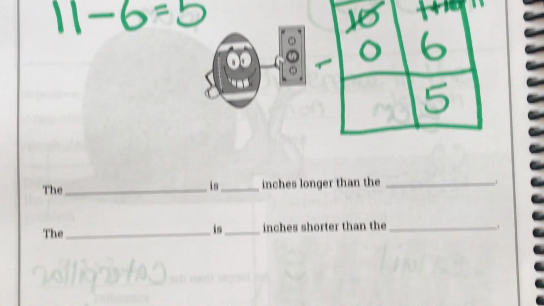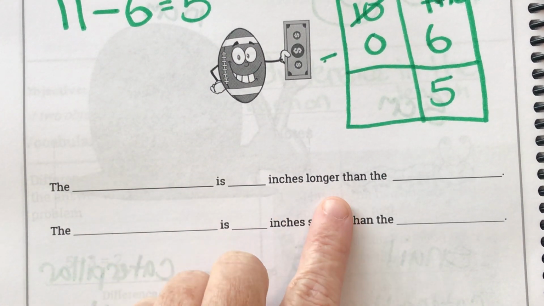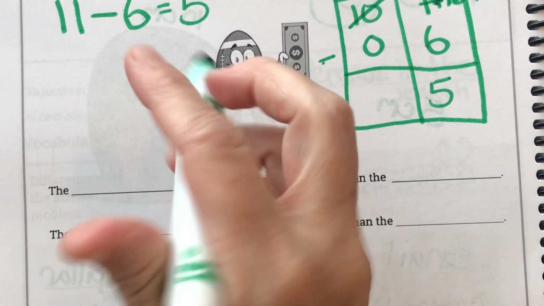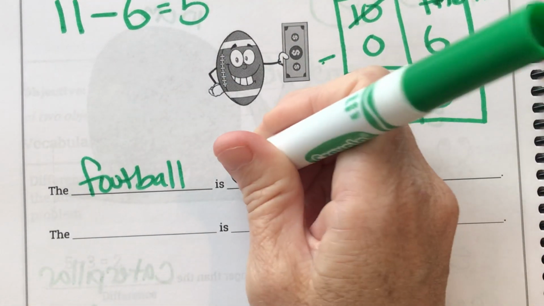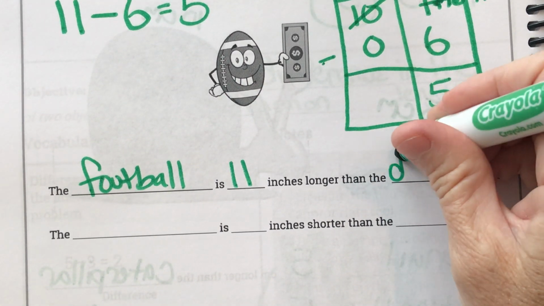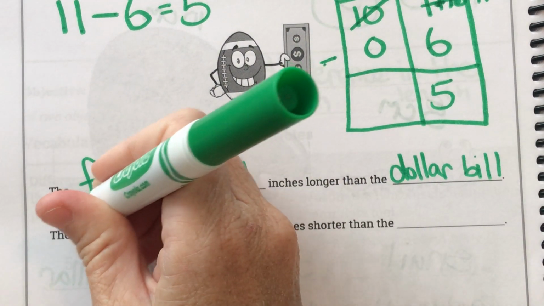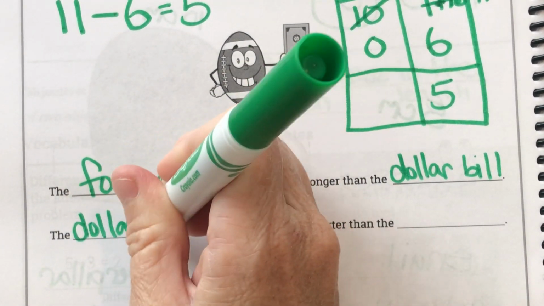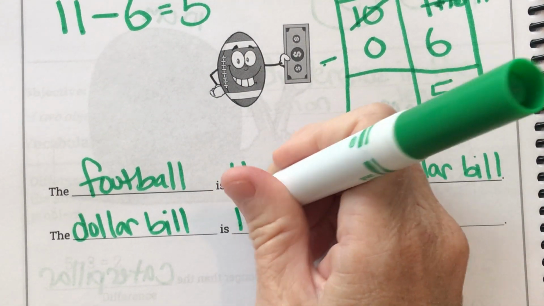Okay, now let's go up and fill in our blanks. The blank is inches longer. Which one was longer? The football is 11 inches longer than the dollar bill. The dollar bill is 11.